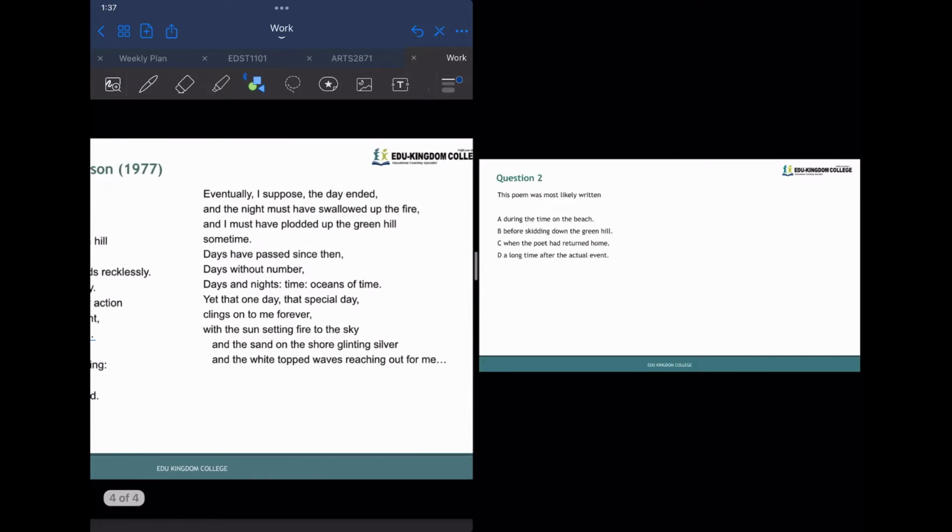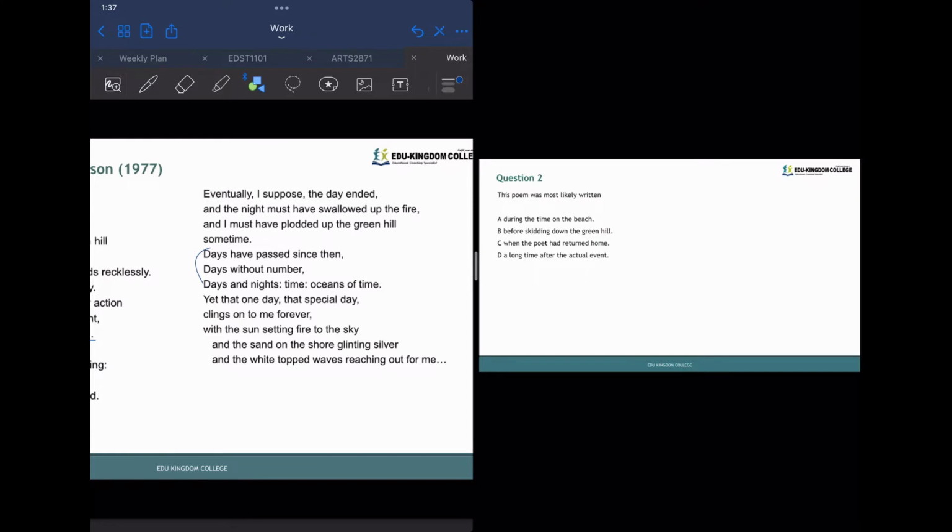So I want to go to the last few parts of the poem now. Now here they start saying, it starts establishing its nostalgic tone, or at least reinforcing it. But I actually want to look at this part where it says, days have passed since then, days without number, days and nights, oceans of time, and yet that one day, that special day, clings on to me forever, with the sun setting fire to the sky.